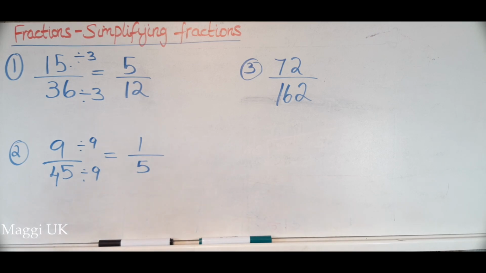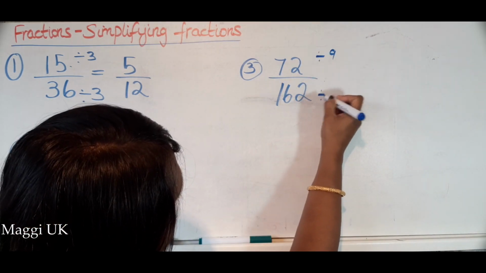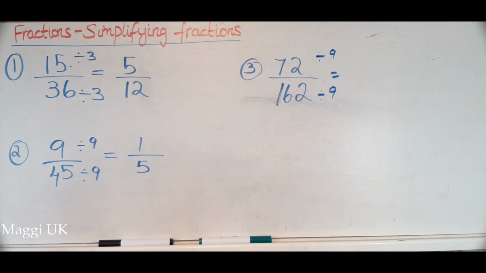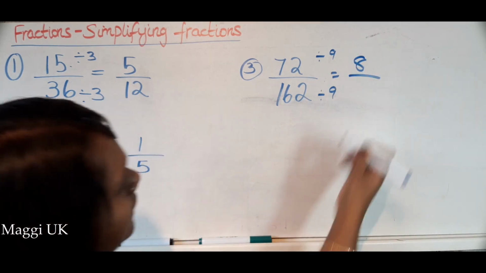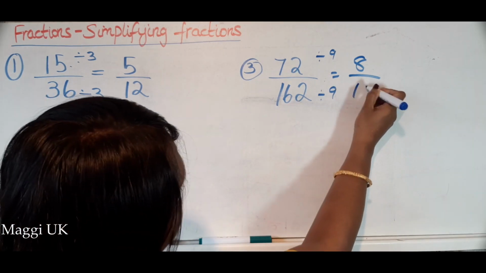Okay. What is the common factor for 72? You can divide by 9, I think. So you can divide by 9. When you divide 72 by 9, what will be your answer? 8. Okay. So what will be the next? Is it 18? It takes time because it's a bigger number, 18.